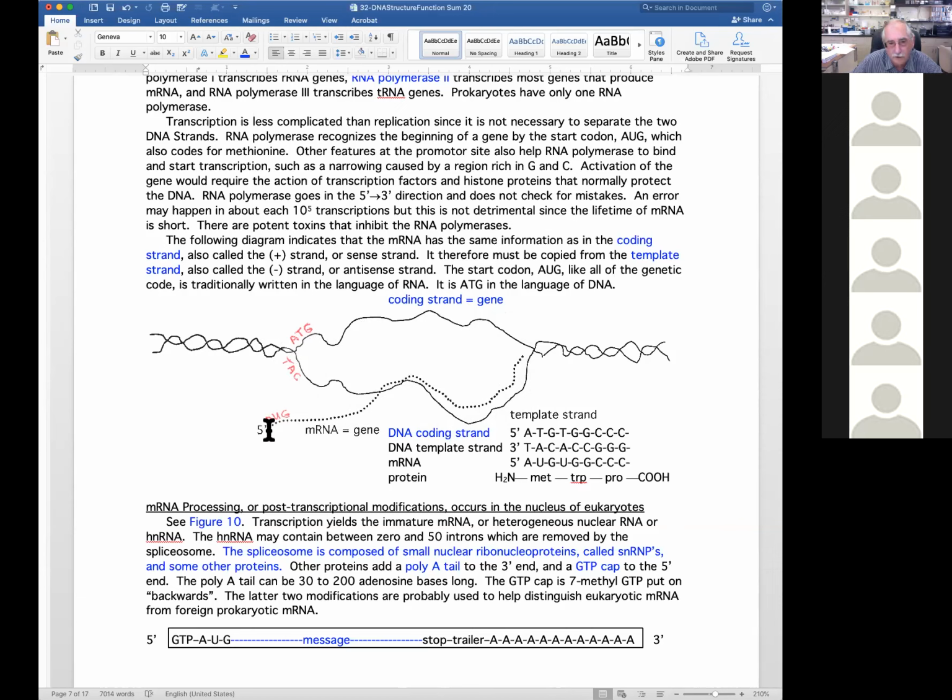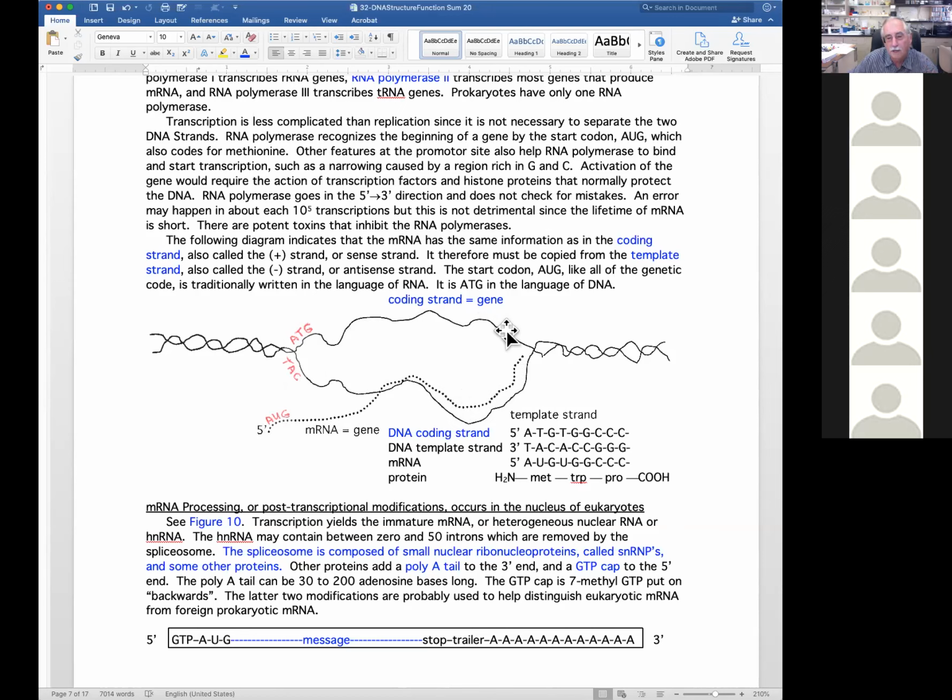What's it going to code from? This AUG is the same information that's in the coding strand, except U replaces T in RNA. So the messenger RNA represents the same information that's in the coding strand, which is the actual gene.